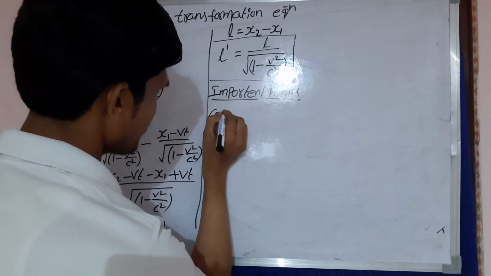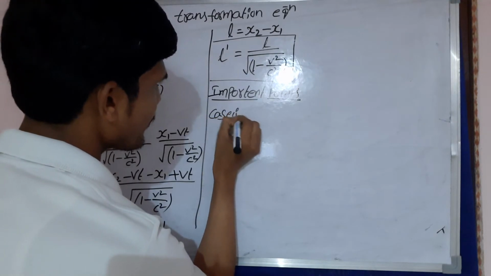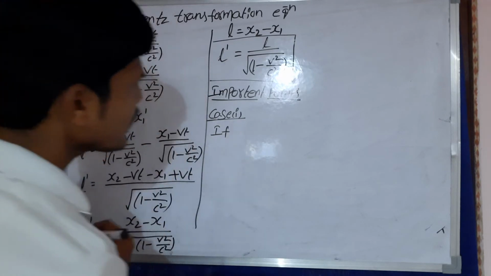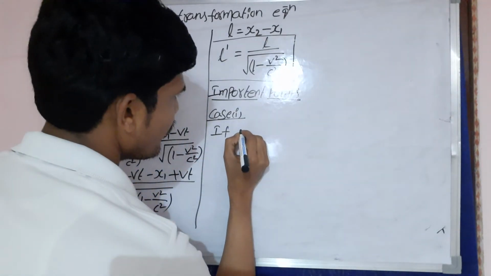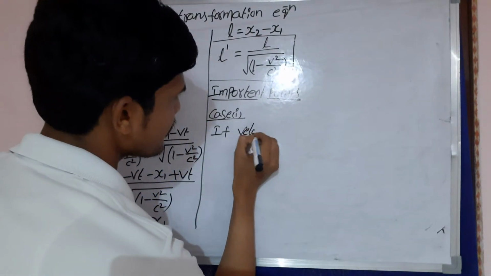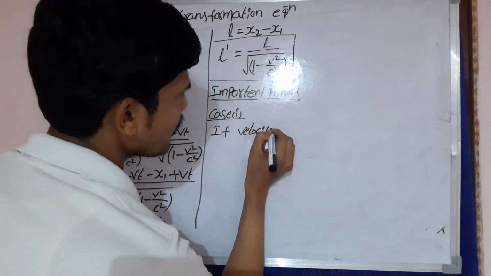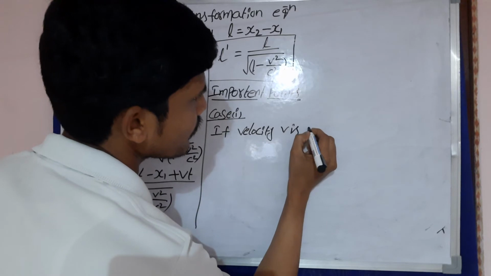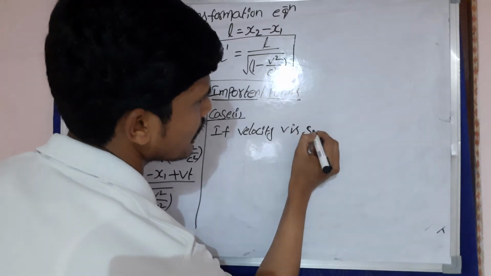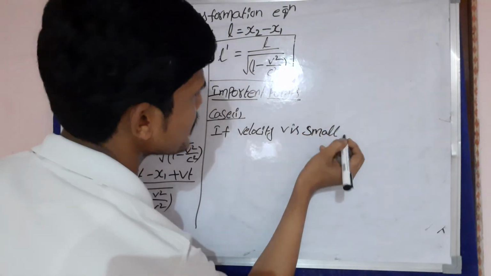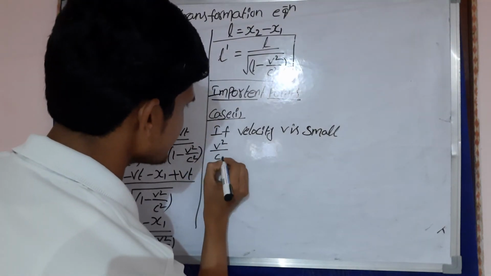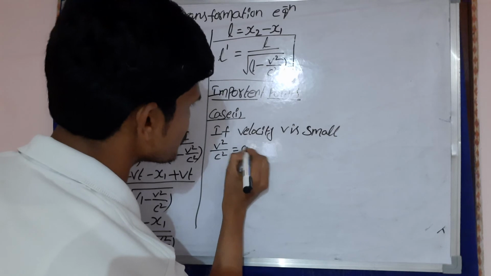Case 1: if velocity v is small, then v square by c square equals 0.